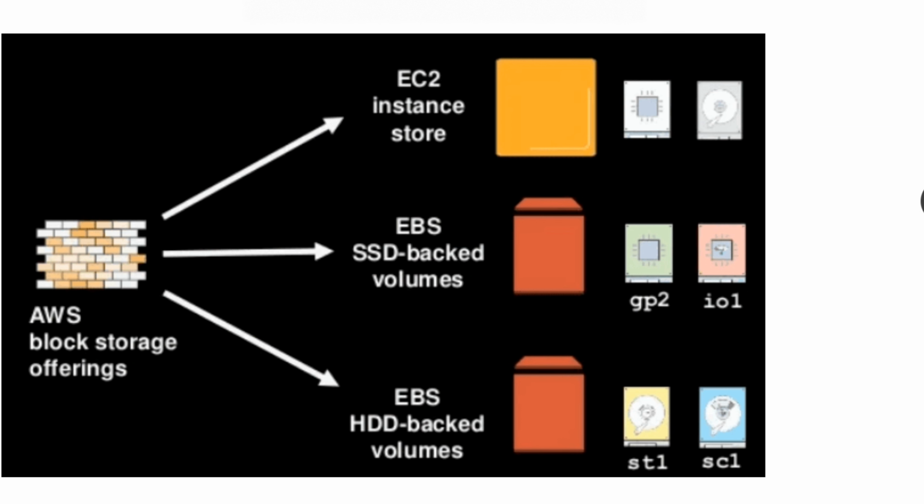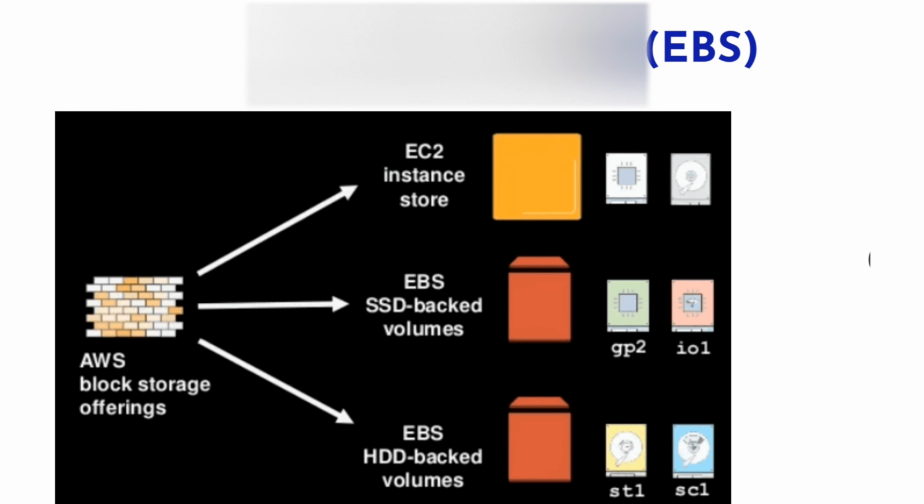AWS provides several volume types optimized for different use cases. Number one, Provisioned IOPS SSD, IO1 or IO2. Let's talk about IO2. This tier offers the fastest and highest performance storage in the AWS cloud. It delivers the most input-output operations per second, reducing latency.